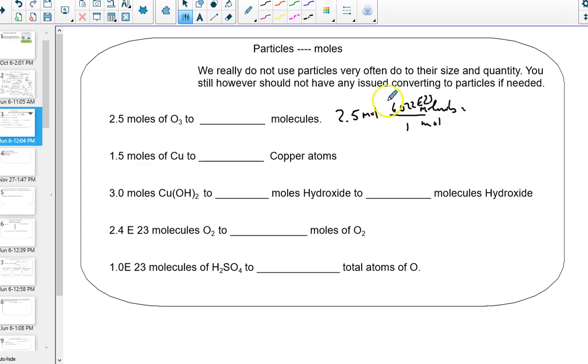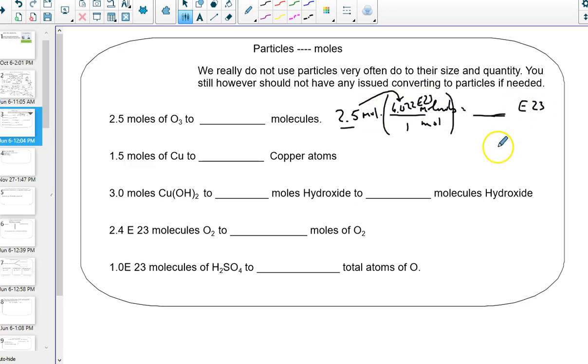Now, this is a standard relationship that's never going to change. So at this point, keep in mind mathematically, 2.5 times that base number is going to give us our new base number. Then we add exponents together, but there is no exponent here, so it's just going to be E to the 23rd.